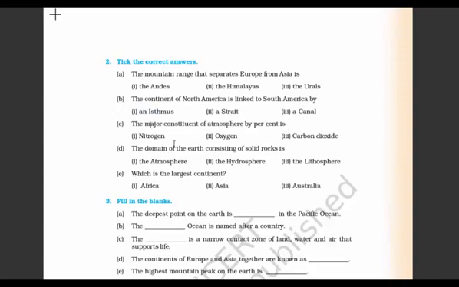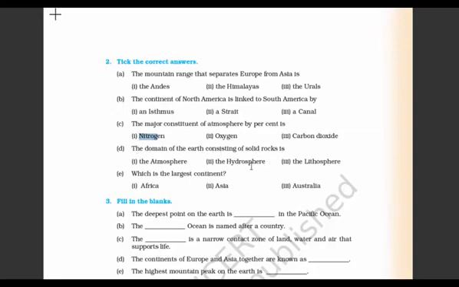The major constituent of atmosphere by percentage is nitrogen. Together nitrogen and oxygen form 99% of the atmosphere. Carbon dioxide is 1%, but nitrogen takes the lead at 73%, so something more than 70, just remember that.